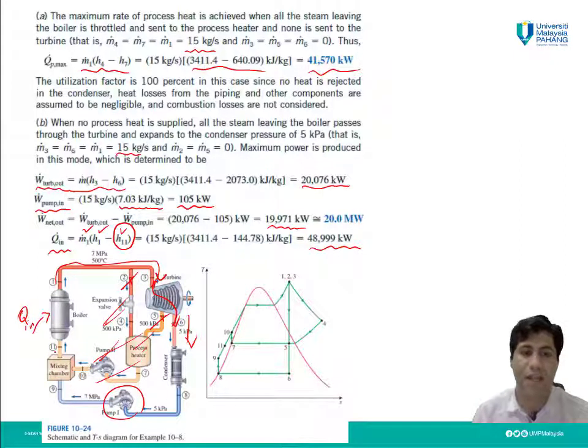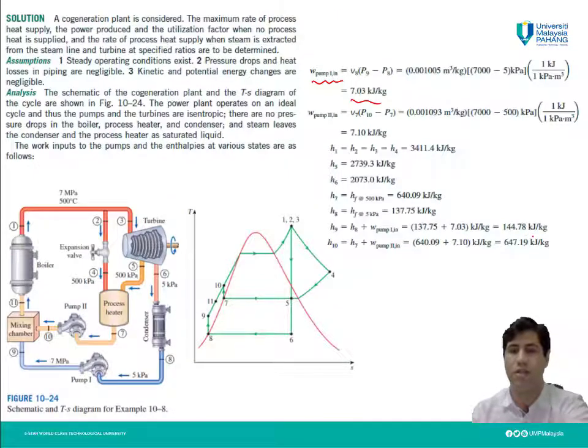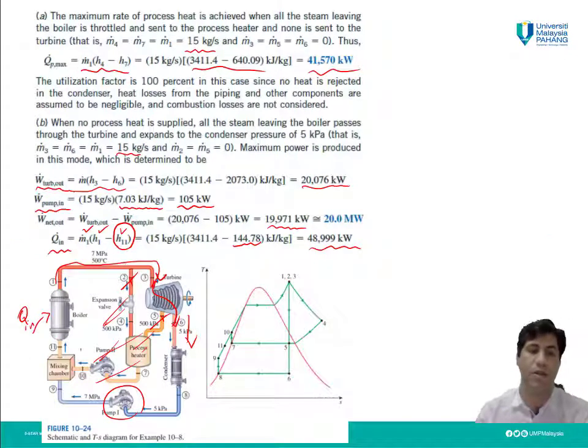So h11 here, as you can see, is 144.78, the enthalpy we calculated for point 9. So h9 and h11 in this cycle are identical, equal to 144.78 kilojoule per kilogram.